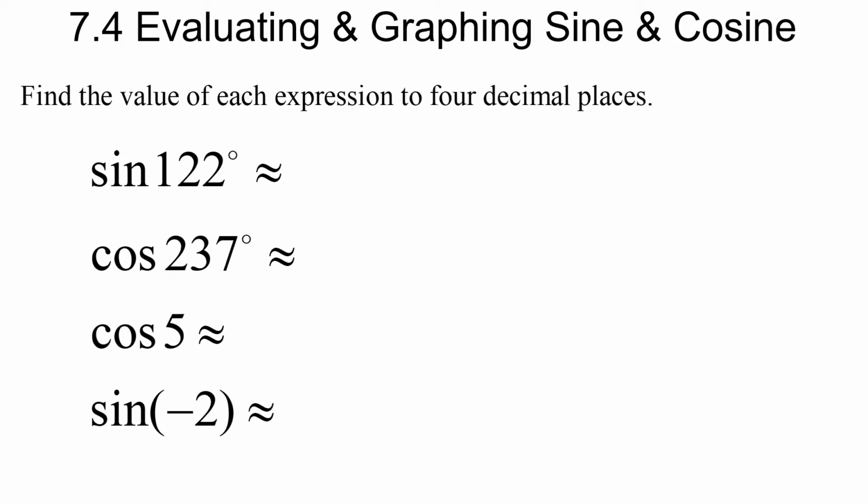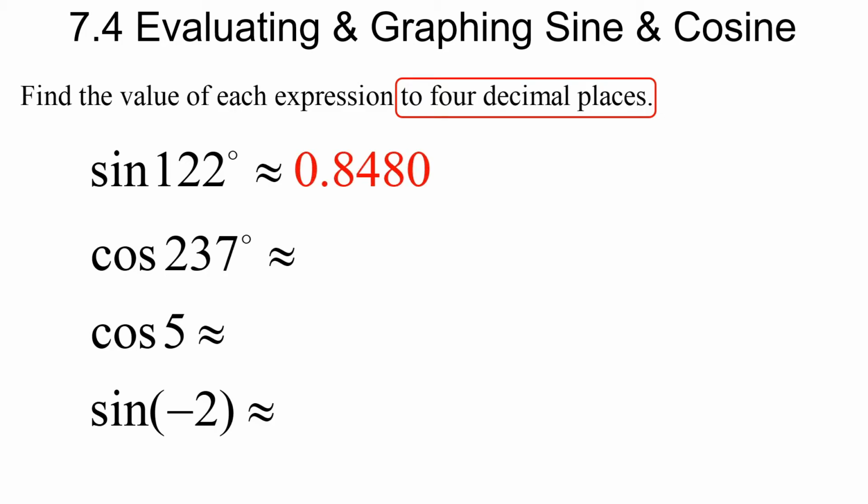I have to make sure I'm in the correct mode, and that is approximately 0.8480 dot dot dot. To 4 decimal places, 0.8480. There you go.